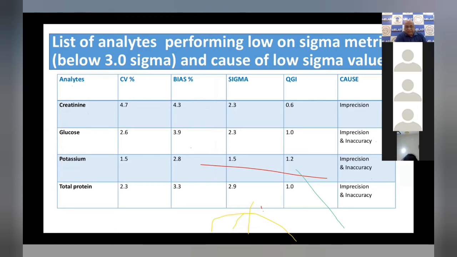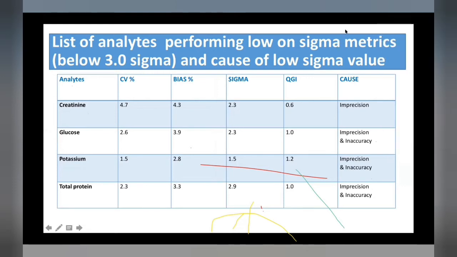0.6 means it is less than 0.8, and less than 0.8 means CV is high, imprecision. For glucose, it is between 0.8 to 1.2. There is imprecision as well as inaccuracy.